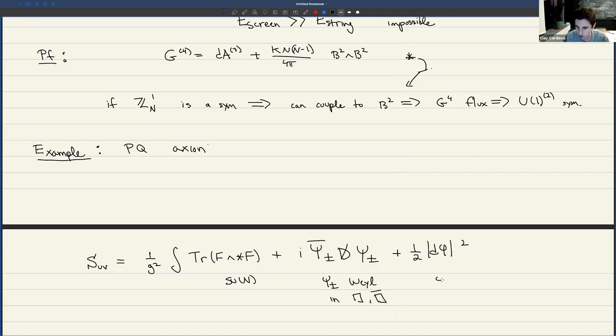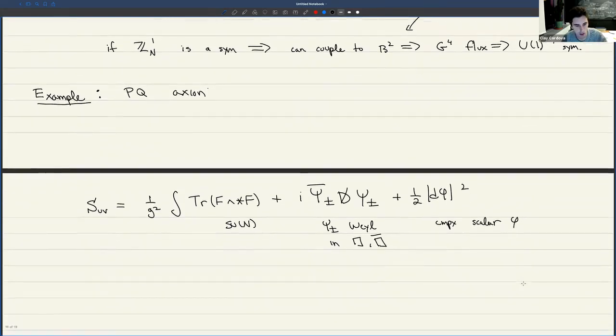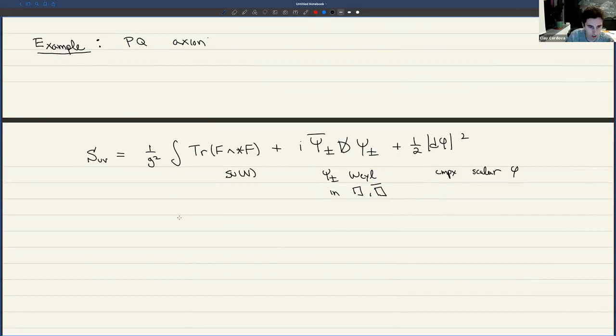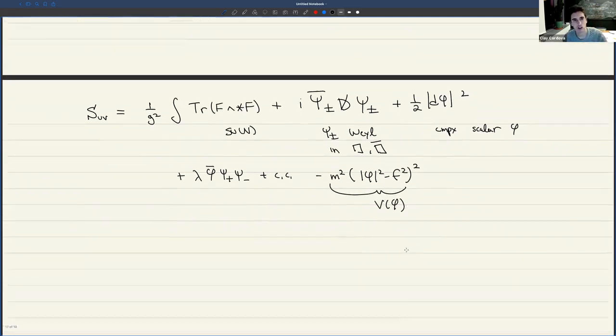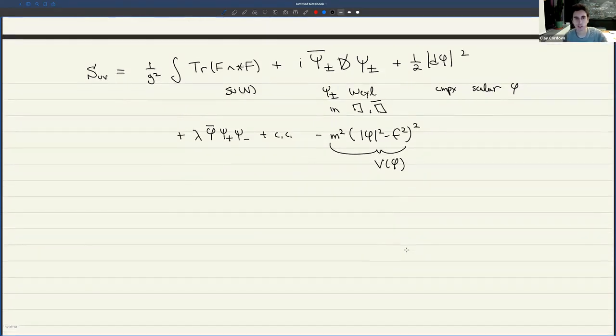We have a complex neutral scalar, we call it phi, neutral meaning uncharged under SU(N). Then there are some couplings: Yukawa terms, and then a potential. Let's call this quantity B of phi. Okay, so that's the UV Lagrangian. No axion in sight yet. Let's do the standard analysis.